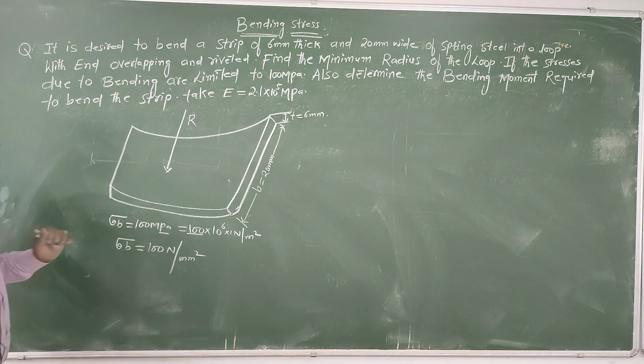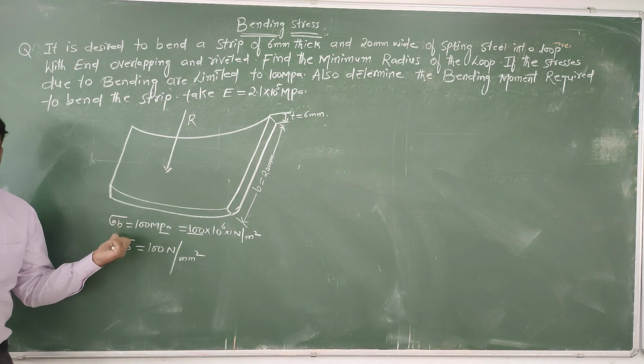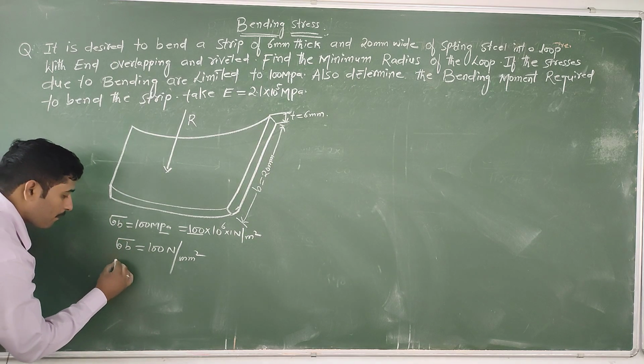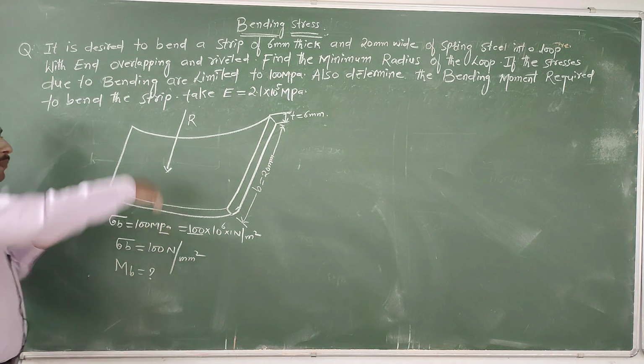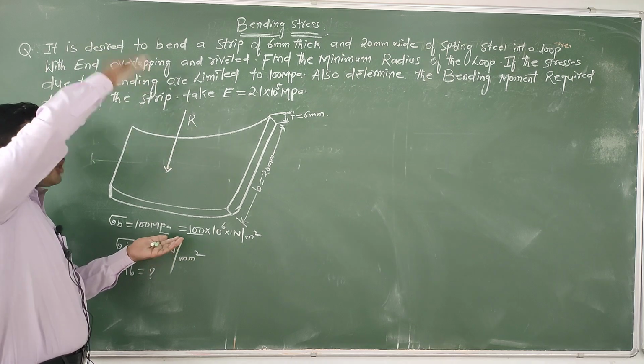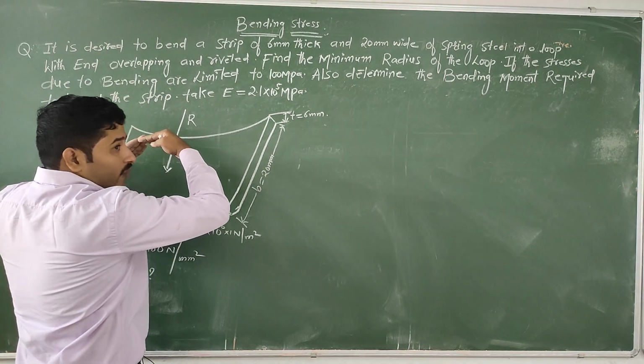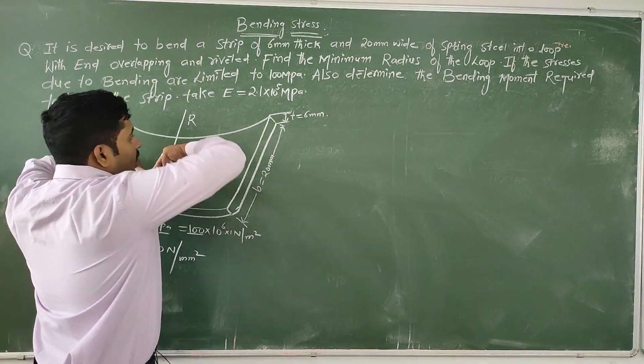Then also determine the bending moment required. What we need to find out is the bending moment. If we apply some amount of load on the strip, then the strip is bent and looks like a curvature.